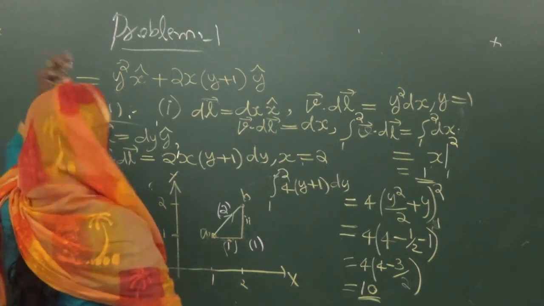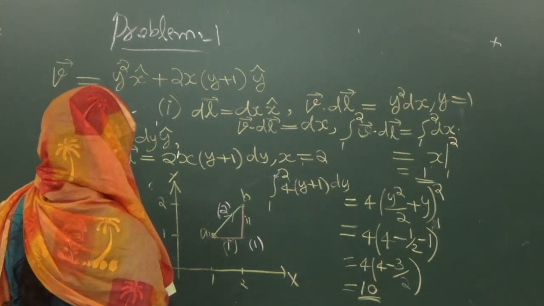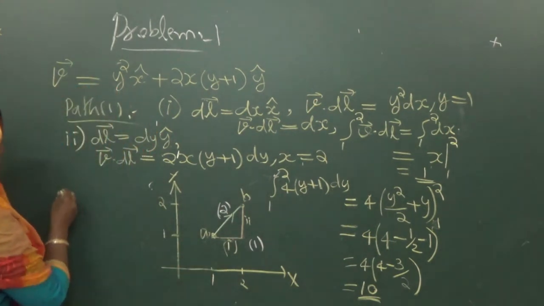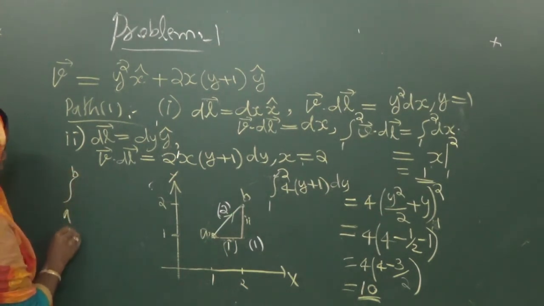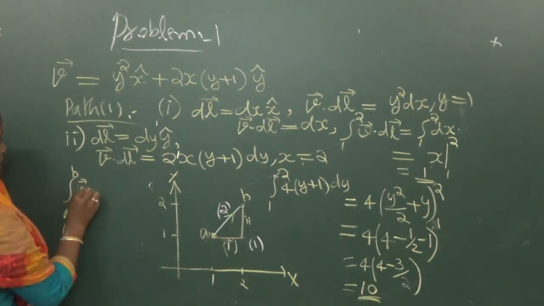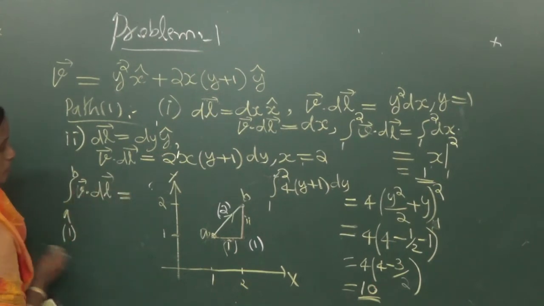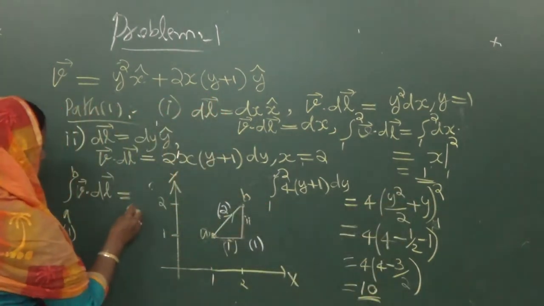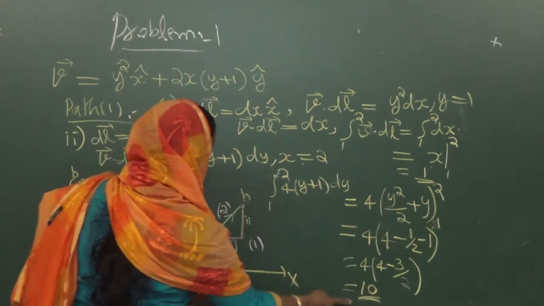Now, what is the integral along path 1? The integral from A to B along path 1 of v dot dl equals, along this one, 1, plus along this part, 10.